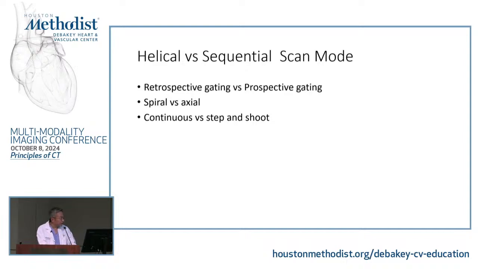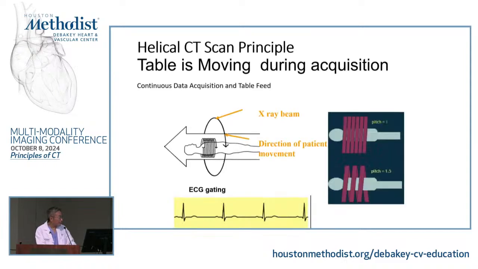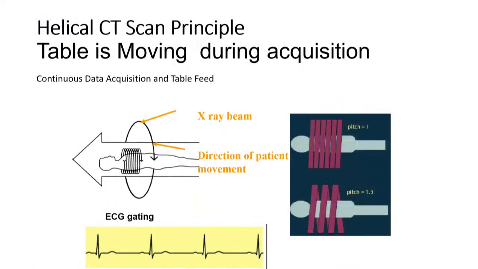Retrospective, prospective, spiral, continuous versus step and shoot. Okay, so again, this is traditional, original CTA, acquired with continuous data acquisition. So you acquire, and retrospectively, you go back and pick up the phases and you assemble the images. That's called retrospective gating. And that's why you want to sample a lot, just in case the patient has arrhythmia. Okay?